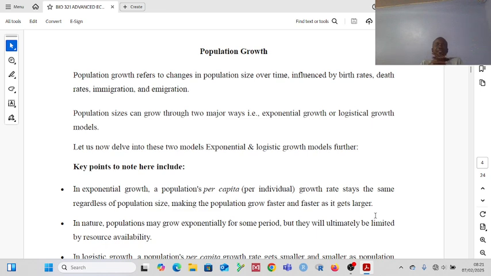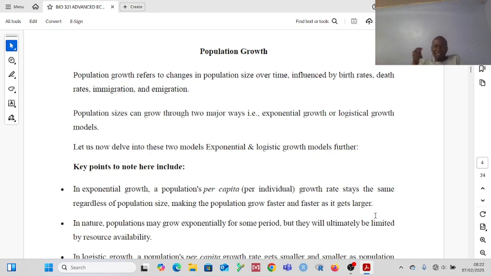So the growth, the changes in the size of that population will be influenced either by the number of births, the birth rates, or how people are dying within that population, or if people are moving out or moving in.